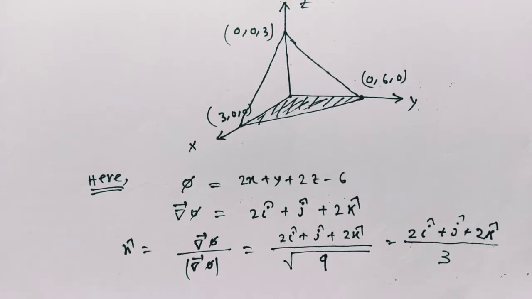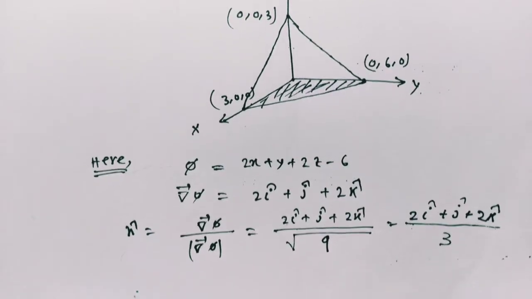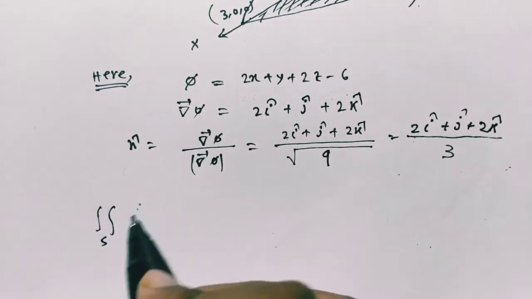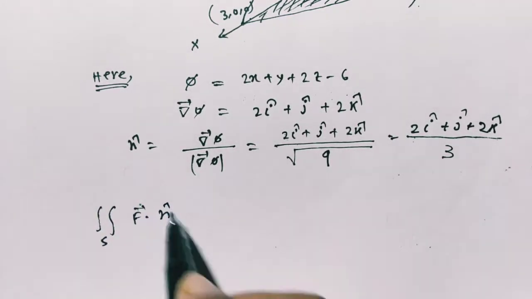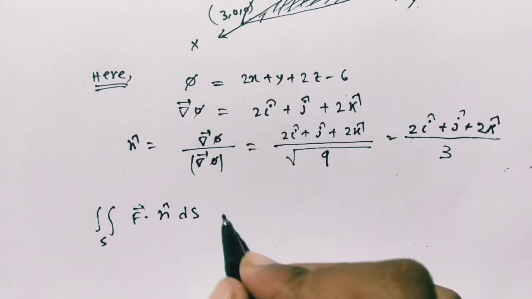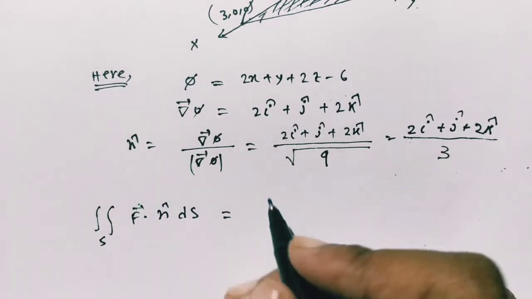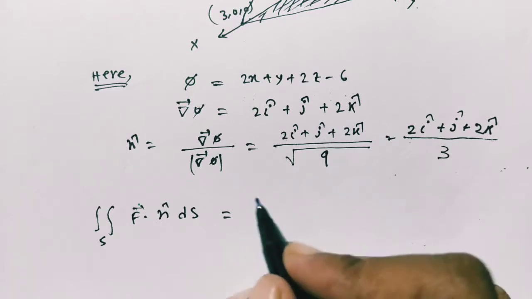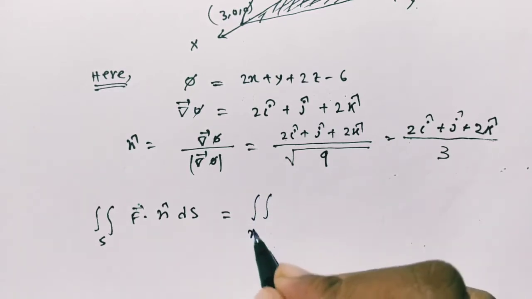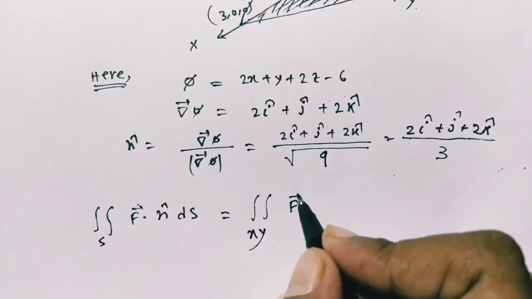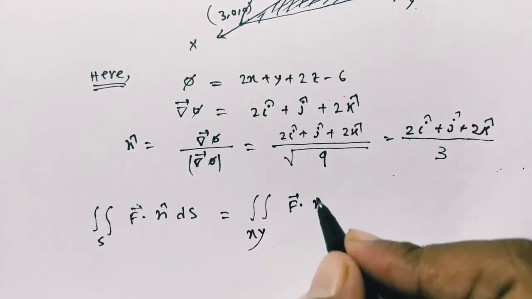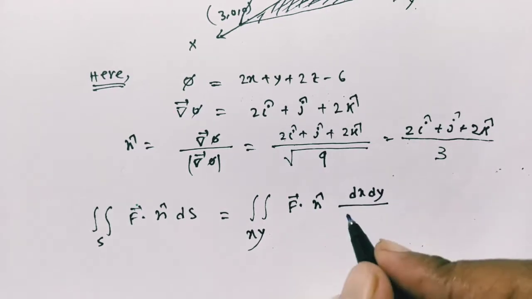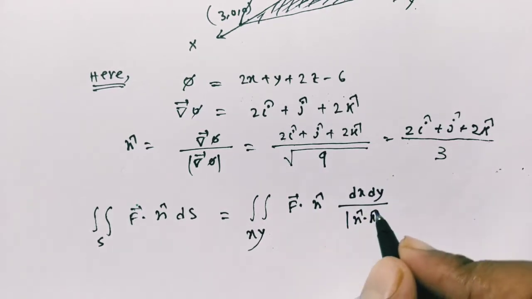if we take the surface integration of F dot n hat dS, it is equal to, we know from our projection method, that if we want to take the projection on the xy plane, then we can write it as the double integral over R of F dot n hat dx dy divided by mod n dot k.